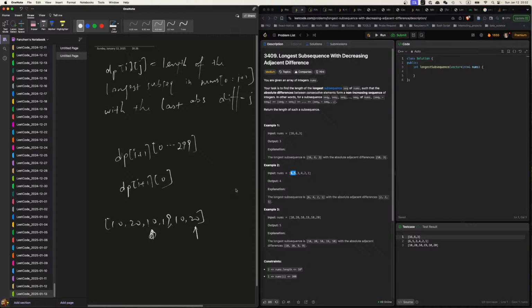So you need to go see the previous thing that ends at 20 minus 9 or 20 plus 9. So it has to be smaller or equal to 11 or larger or equal to 29.